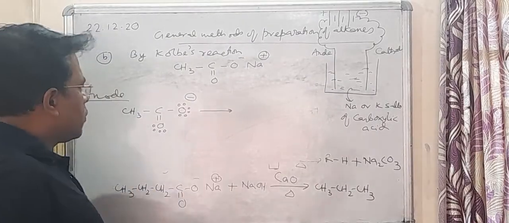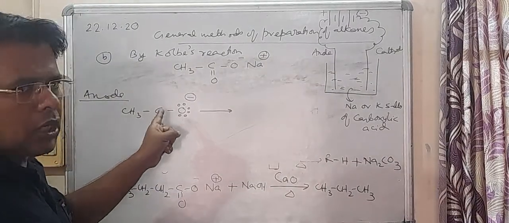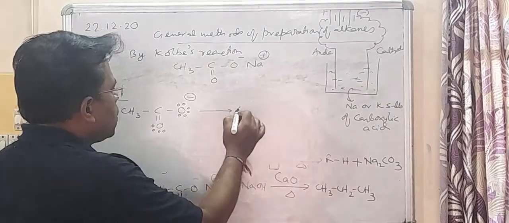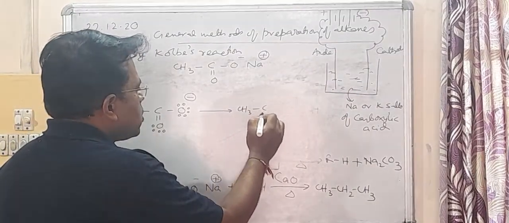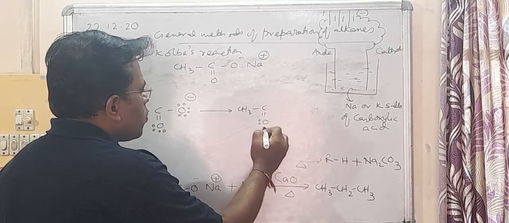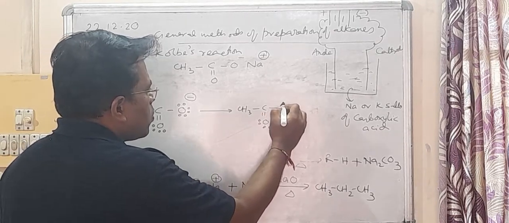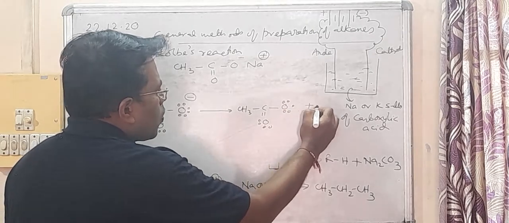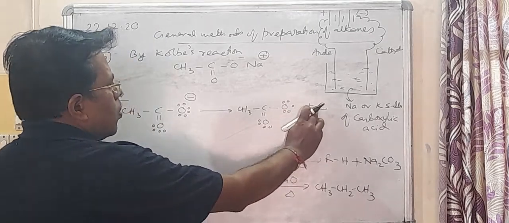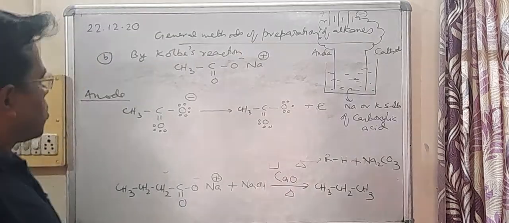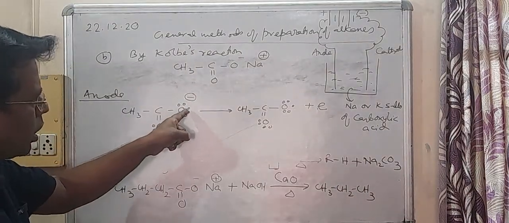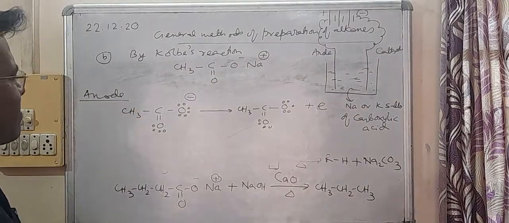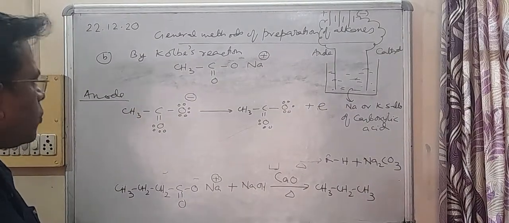What will happen is this one will lose an electron and it will become CH3COO. So you see here, one electron is being lost. That happens at the anode.